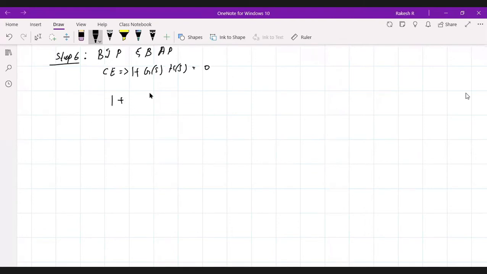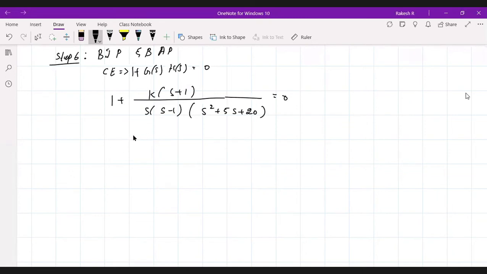That is 1 plus K into s plus 1 divided by s into s minus 1 into s square plus 5s plus 20 equals 0.